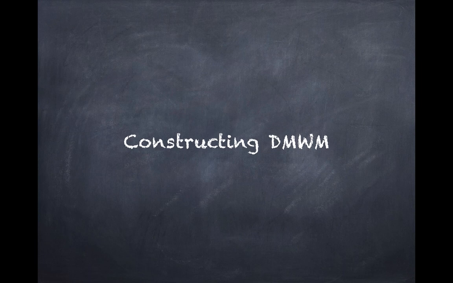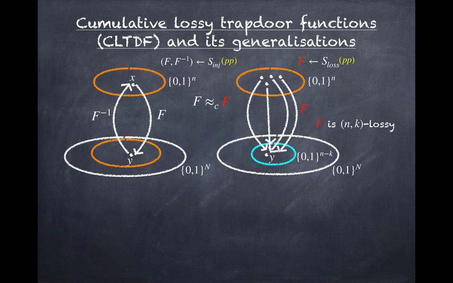Having shown the application of DMWM, we now turn to constructing a dual mode witness map. To do this, we first introduce a new notion of lossy trapdoor function, which we call a cumulative LTDF, and we also introduce a generalization.